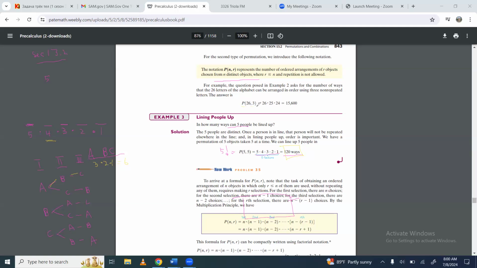So for example, if they look at permutations of 26 choose 3, so if they have 26 people and they want to select only 3 of them, for the first person, how many choices do we have? Well, you can put any of these 26 people in the first position, right? And then once you put someone, you are left with only 25, and that's what's going to be for the next position.